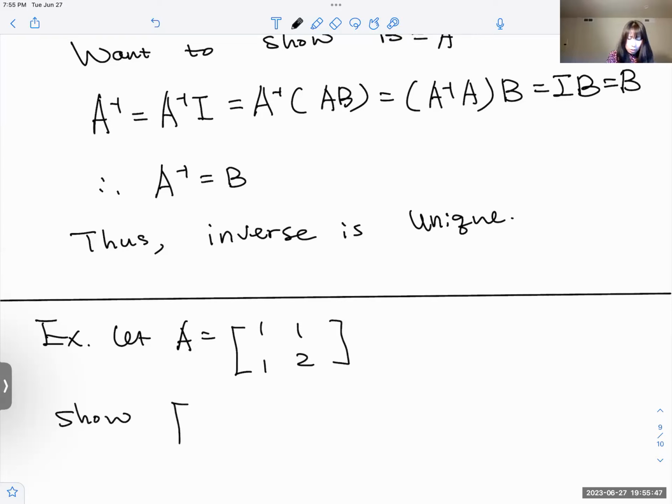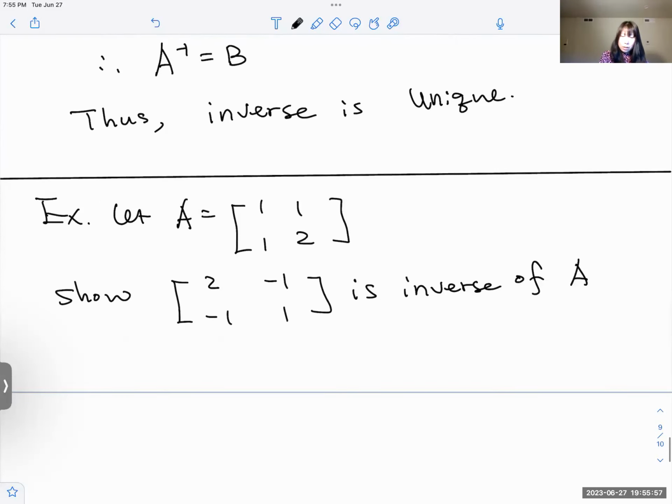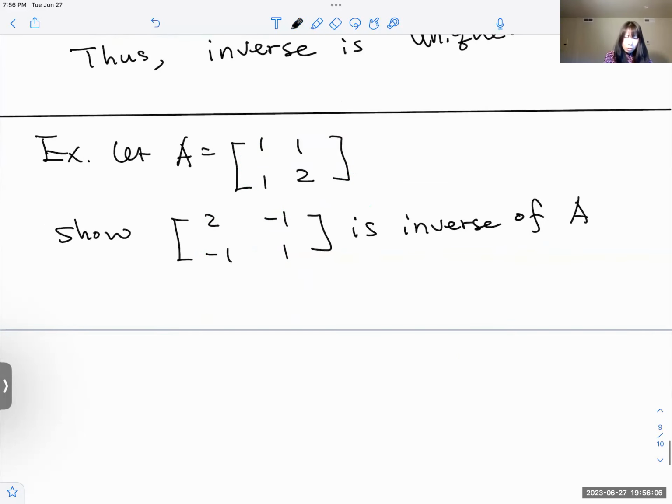Show that the matrix 2, -1, -1, 1 is the inverse of A. How? We multiply them together, then we must get the identity, right? So let us show that. We have 1, 1, 1, 2 times 2, -1, -1, 1.